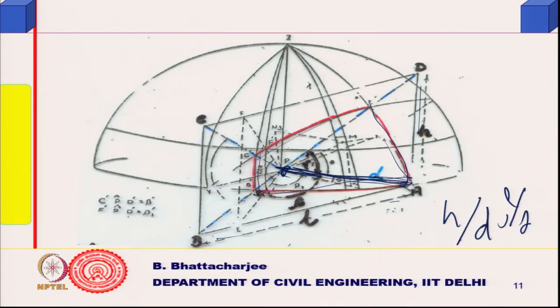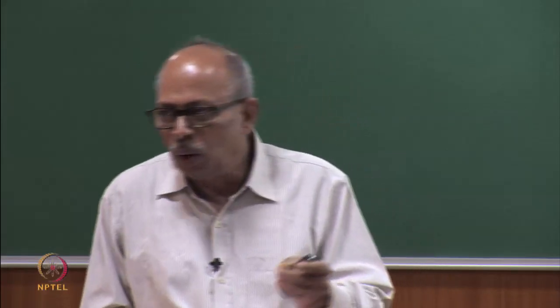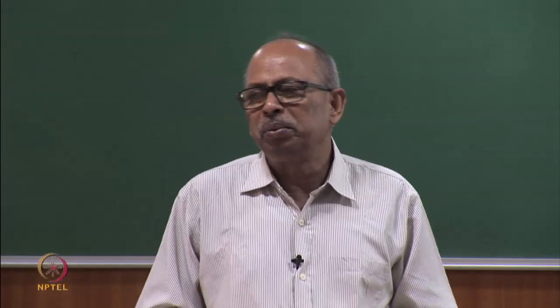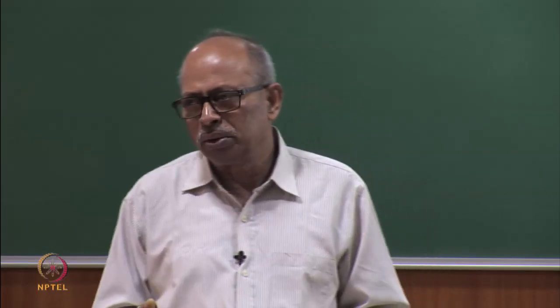Now, today one can possibly divide this into small areas and find out numerically the contribution coming from each small area, and then sum it up. Numerical calculations could be much easier.